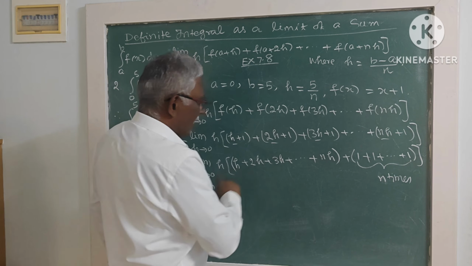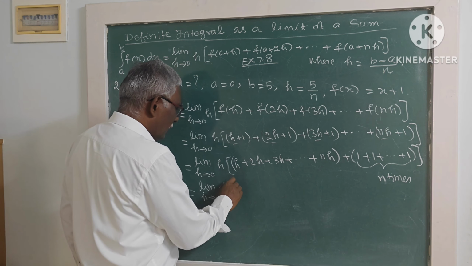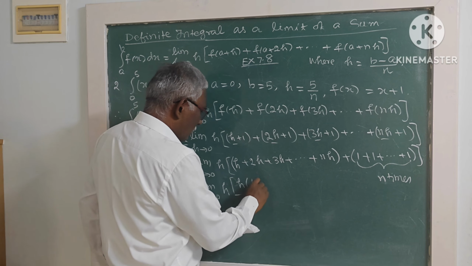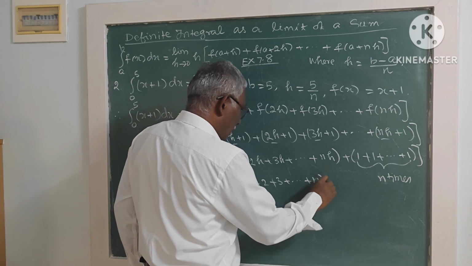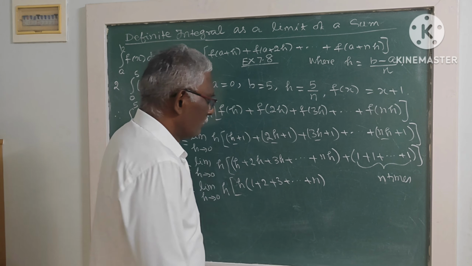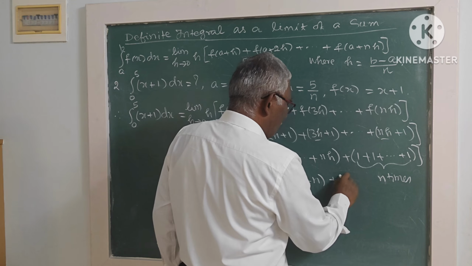Now take h outside everywhere, then this will become 1 plus 2 plus 3 plus etc. plus n, plus n times 1 is n.